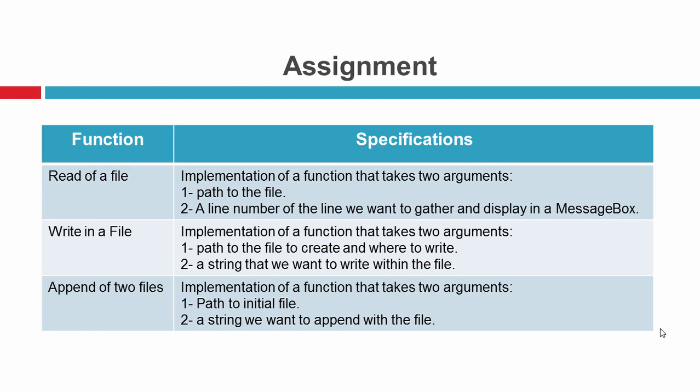The second function writes in a file: it takes two arguments, the path to the file we create and the string we want to insert in the file. The third function also takes two arguments: the first is the path to the file, and the second is the string we want to append to the file itself.